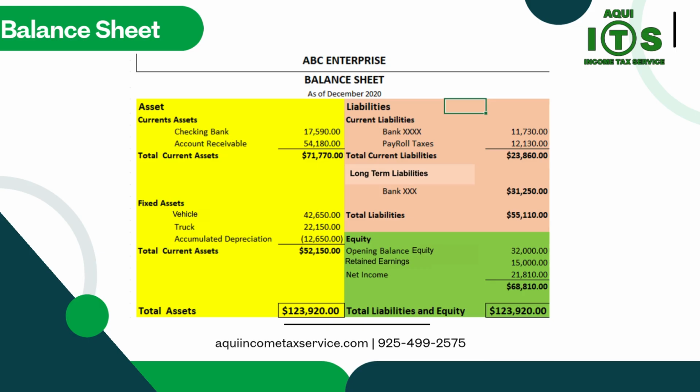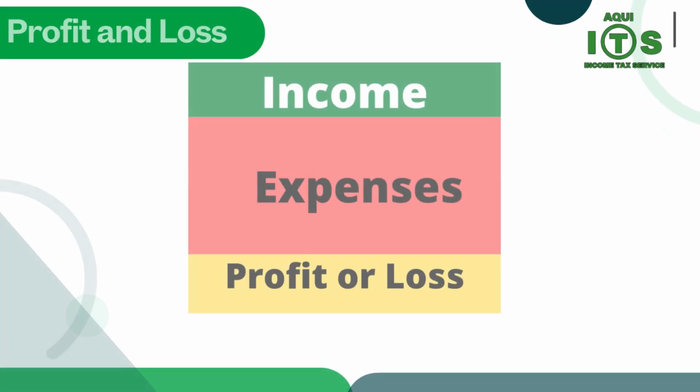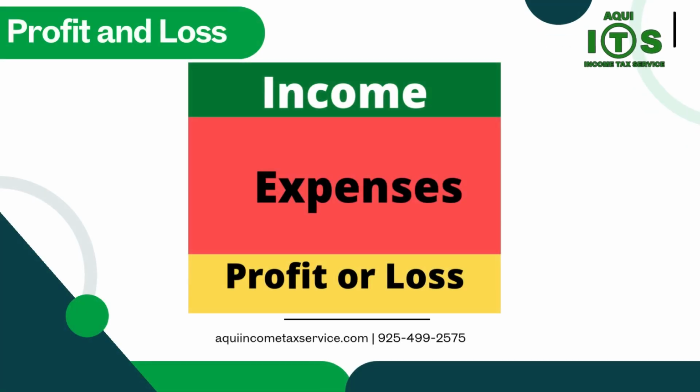Meanwhile, debts and other things that are owed show up in the liabilities section. A balance sheet is a snapshot of a business's financial situation at a certain point in time or a specific date.